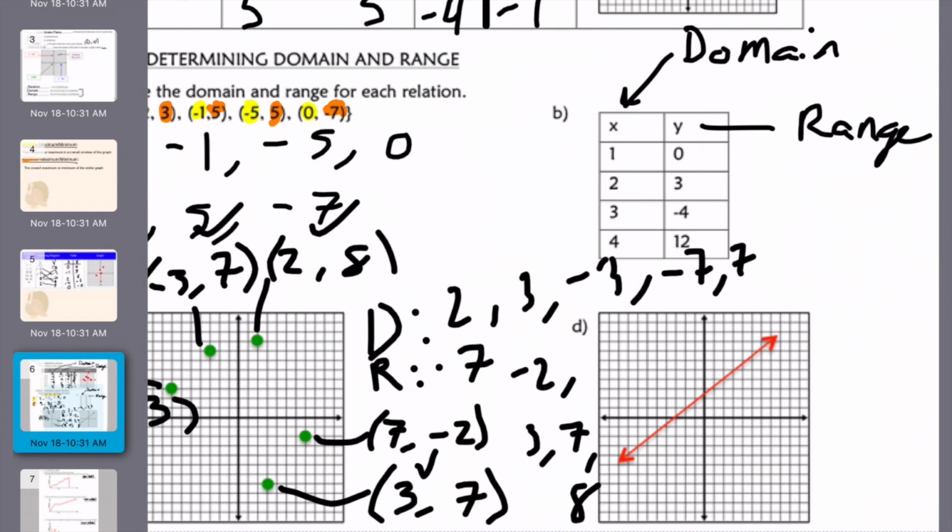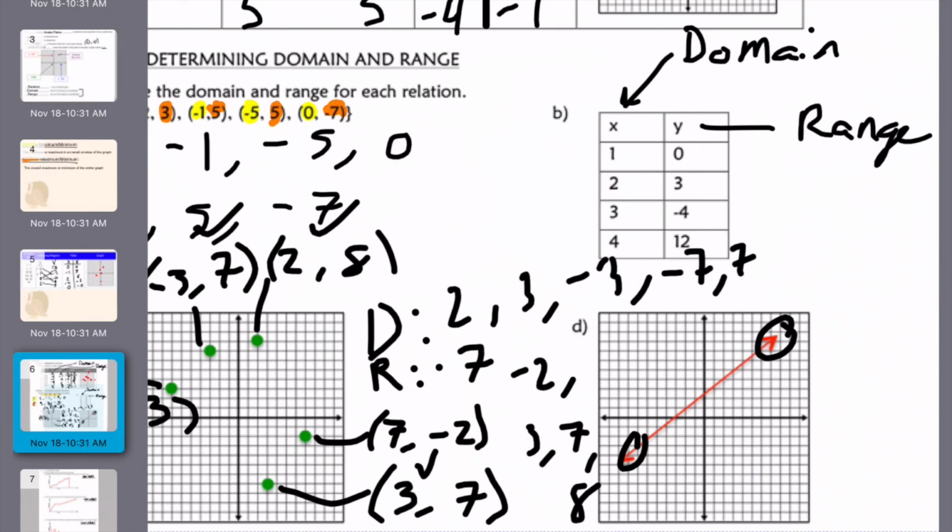Now, when it comes to trying to find my range for graph D, I need to look carefully. I see that there are arrows on both ends of my line. That means that these arrows are continuing on forever. It looks like it's going to keep going all the way to the right forever and all the way to the left forever. It also looks like it's going all the way up forever and all the way down forever.